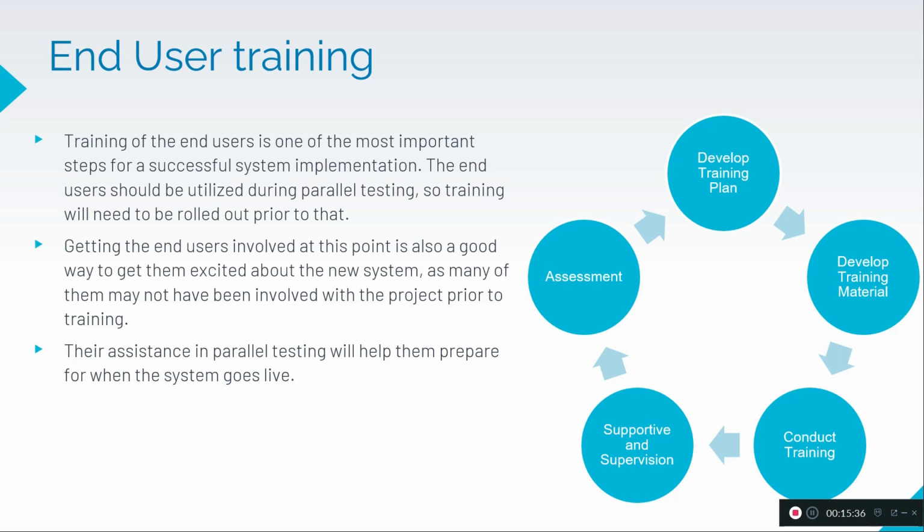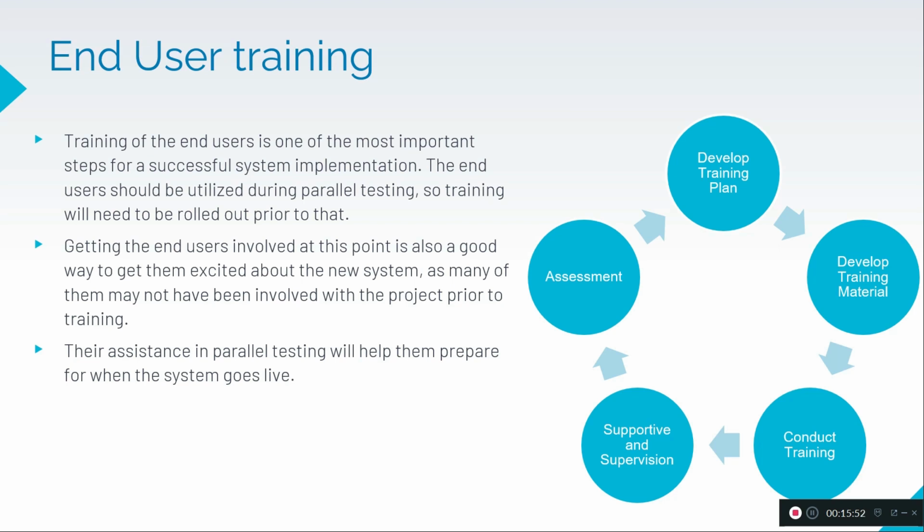The end user should be utilized during parallel testing, might be the UAT. So training will need to be rolled out prior to that. That's why I'm keeping the end user training slide at the end.